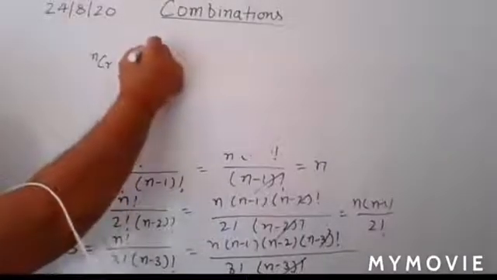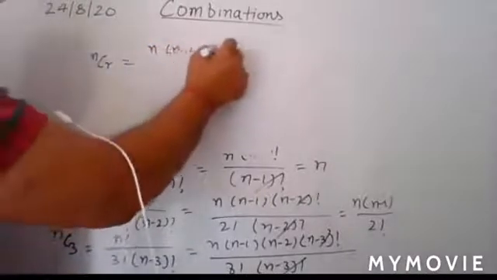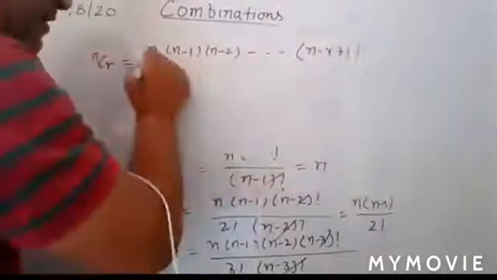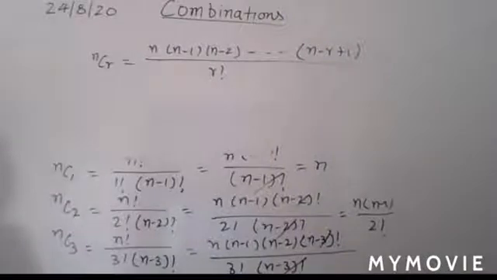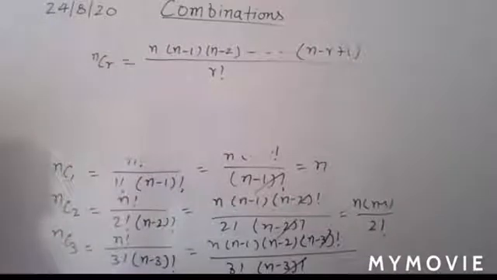They are n, n minus 1, n minus 2, and up to the last, n minus r plus 1, whole divided by r factorial. That gives the value of nCr in another way. Okay? Yes, note all that.